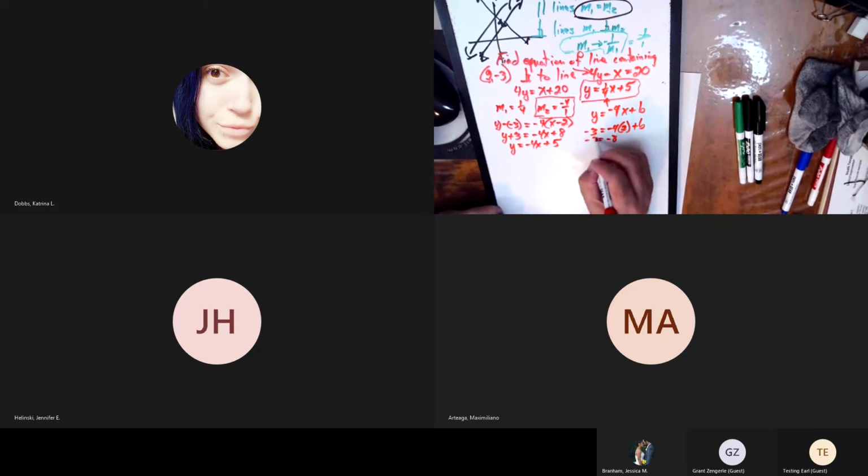So -8 equals -3 plus b. I'm going to add 8 to both sides. 5 equals b. And so my new equation is y equals -4x plus 5. And of course, they're the same.